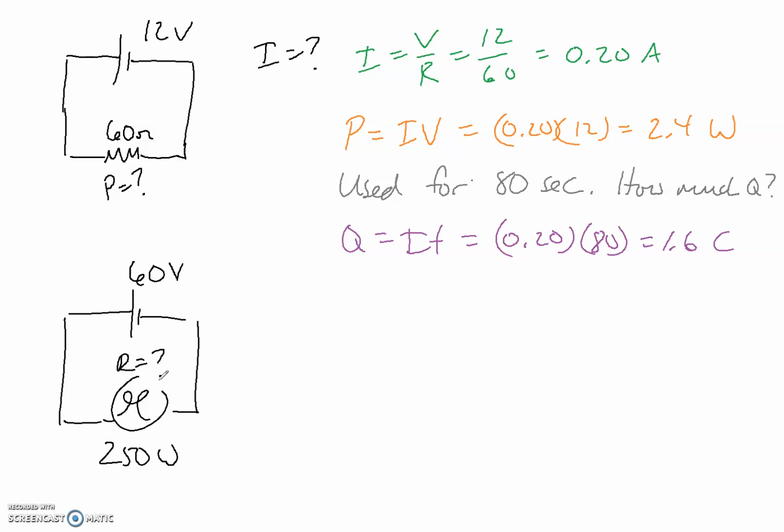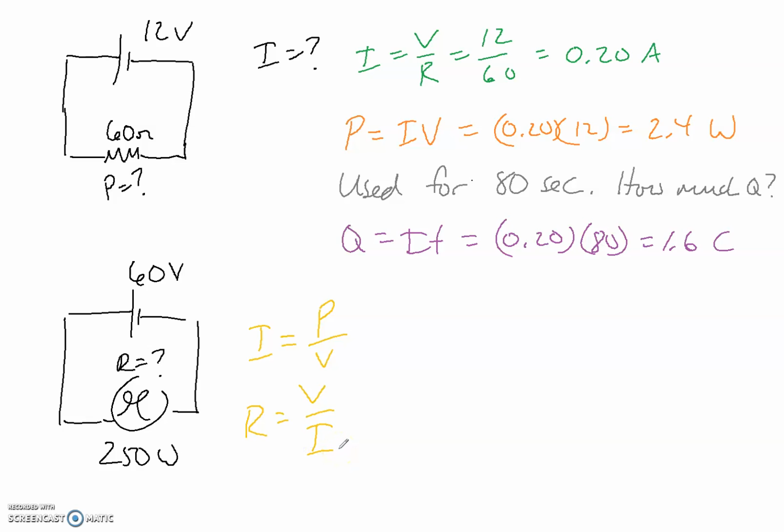There's a couple of ways we could do it. One way would be to use the power and voltage. A lot of people would do power divided by voltage, because that gives you the current. Once they had that, they would use Ohm's law, R equals V over I. That would work perfectly well.